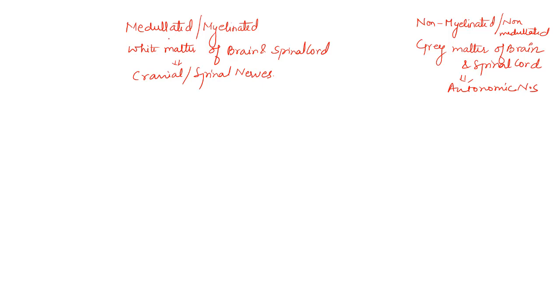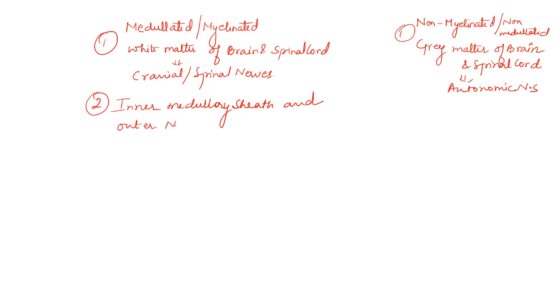The medullated nerve fibers are covered by inner medullary sheath and outer neurilemma. And the non-medullated nerve fibers are only covered by neurilemma, medullary sheath is absent.